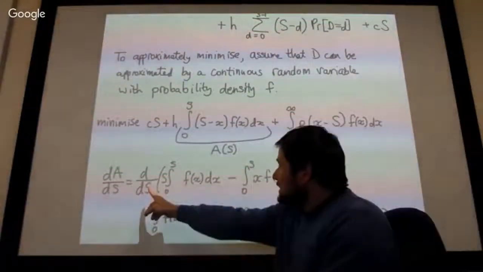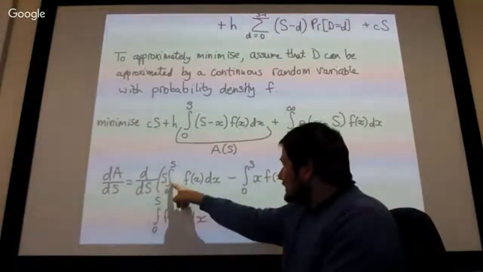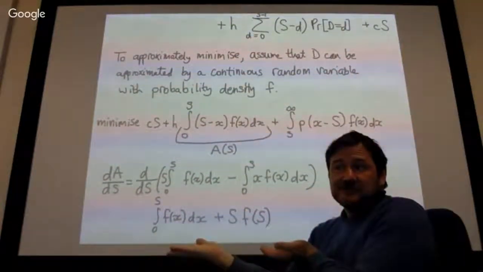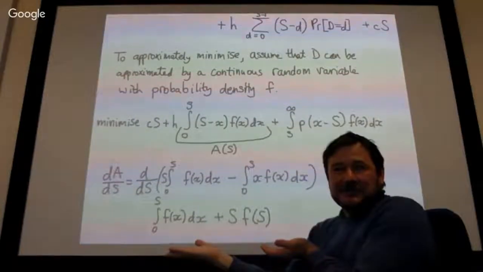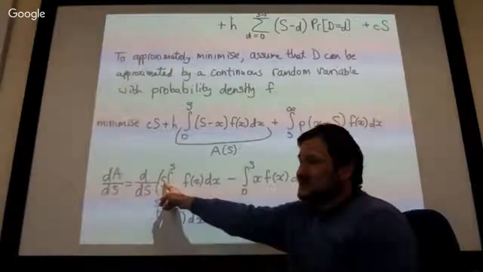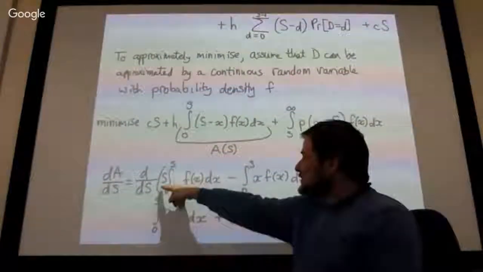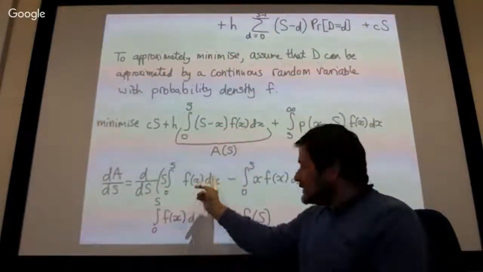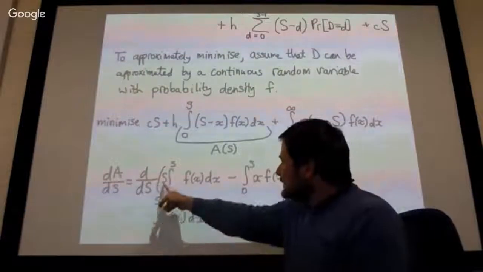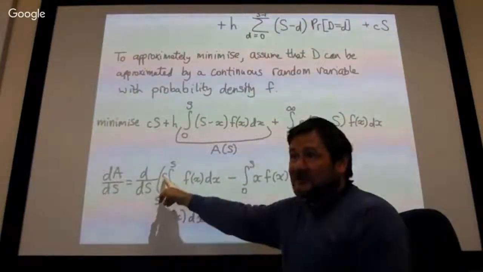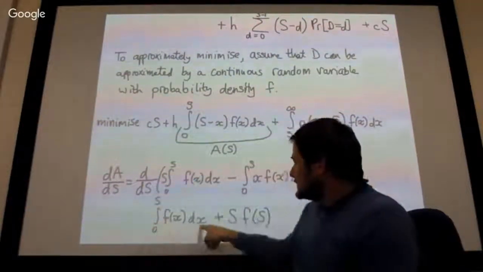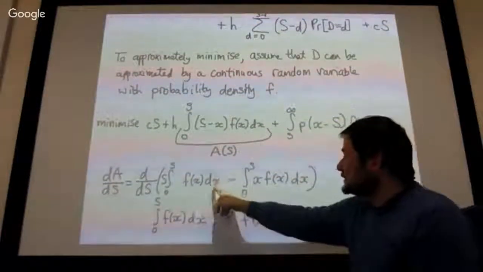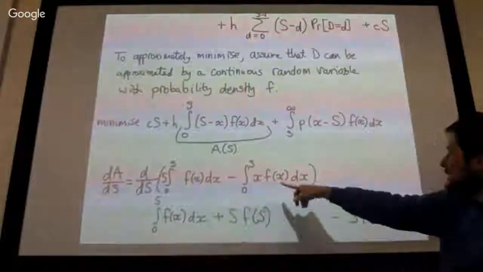When you're differentiating the product of two functions, it works like this: the derivative of the first one times the second one, plus the first one times the derivative of the second one. So here, the derivative of s is 1, times the second one, plus the first one times the derivative of the second one, which is f of s.